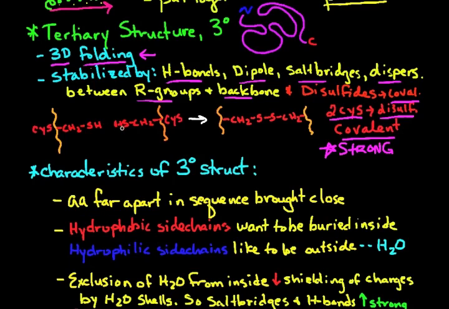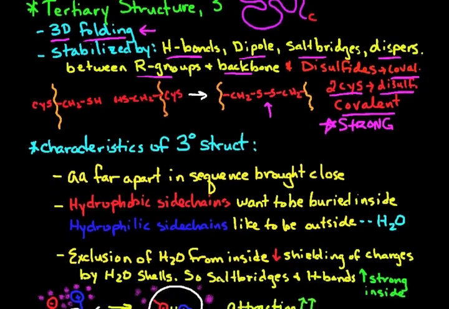So the oxidation happens, and you end up with this covalent bond between those two sulfur atoms. And that is what is called a disulfide bond. It is, as I said, very strong. And it's used to stabilize tertiary structure, so that once the protein folds correctly, these bonds can be introduced, and they can help hold the protein the way it's supposed to be.